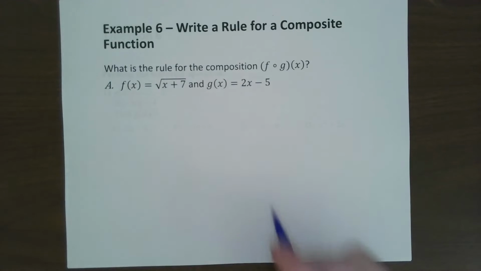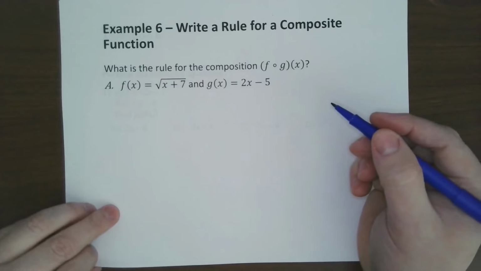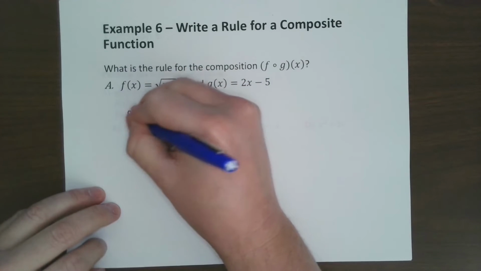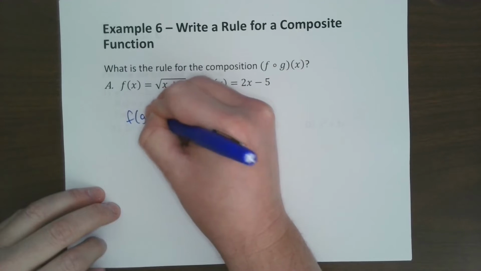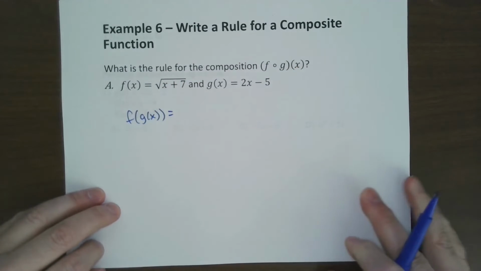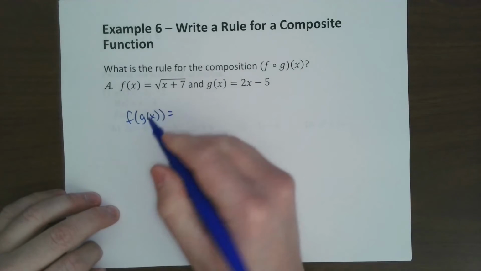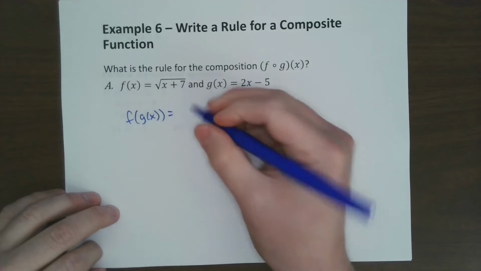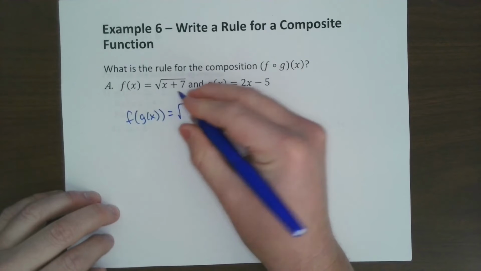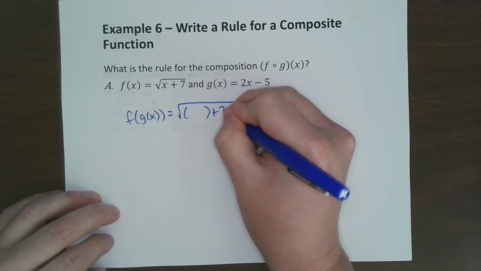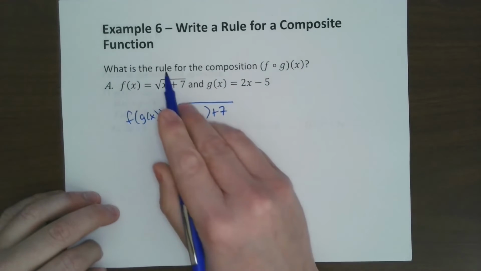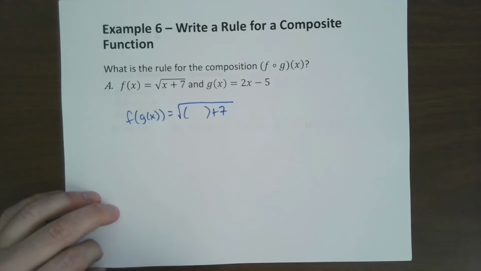So with this f of g of x, or f circle g, I guess, I'm going to write it as f of g of x, because that's how I think of it. So if we're going to write a new rule, in other words, we're going to plug one into the other. The f is what we write first, so square root, and wherever there's an x, put parentheses. So notice, I wrote the same thing, but instead of an x, I put parentheses.